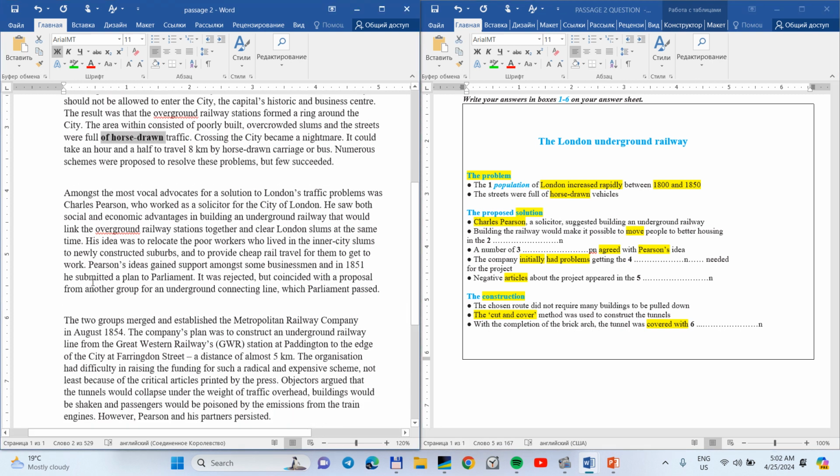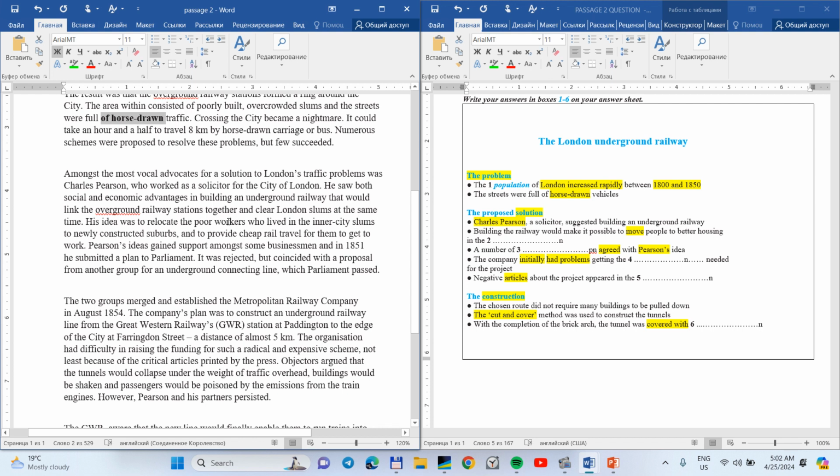Now, his idea was to relocate the poor workers who lived in the inner city slums to newly constructed suburbs and provide cheap railway travel for them to get to work. Relocate here means to move poor workers who live in the inner city center to newly constructed suburbs, right?